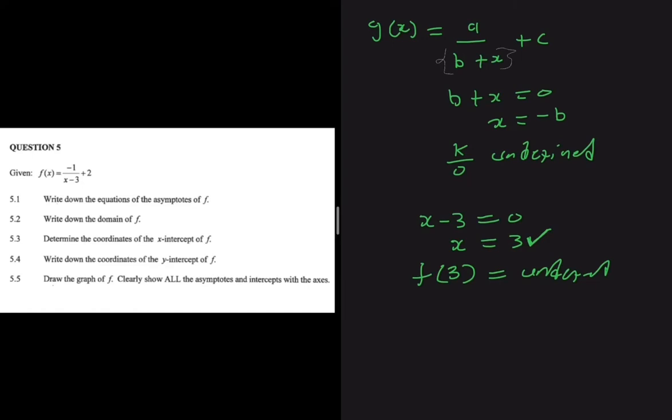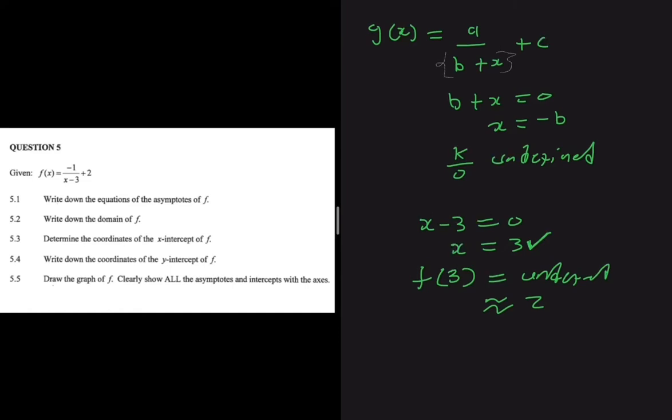So you can substitute 2.999999, or you can substitute 3.01111. If you do that, you're going to realize that you will get a number that is approximately 2, and that will be the y coordinate of the asymptote.